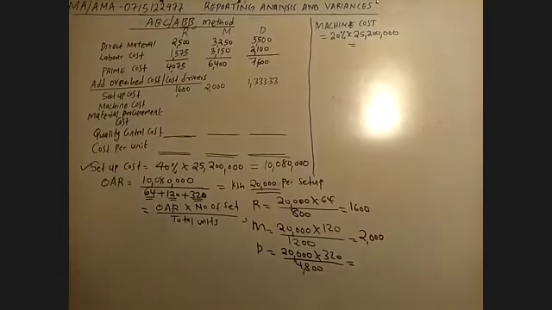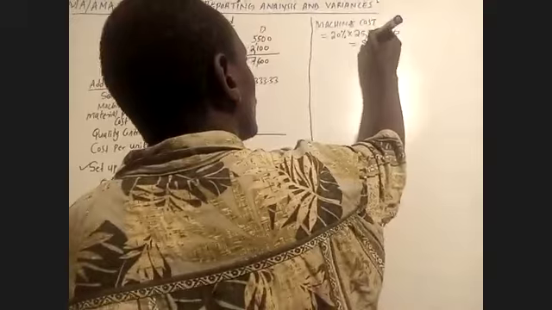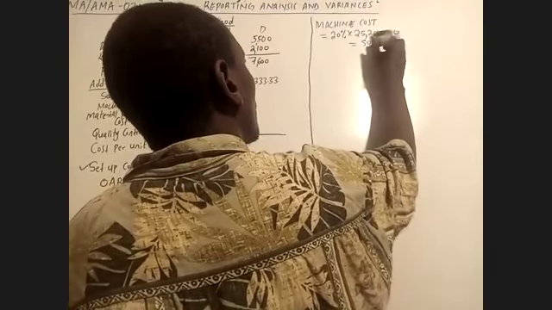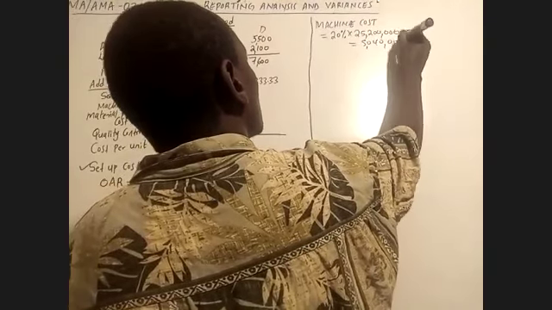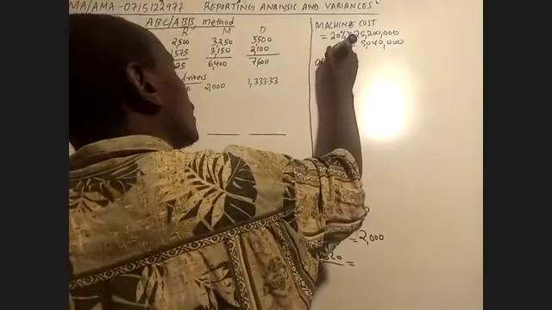That will be equal to 0.2 times 25,200,000, so 5,040,000. Now you find the OAR.